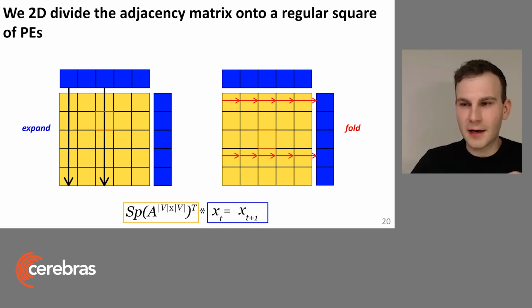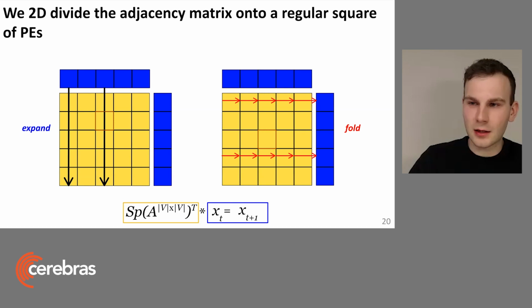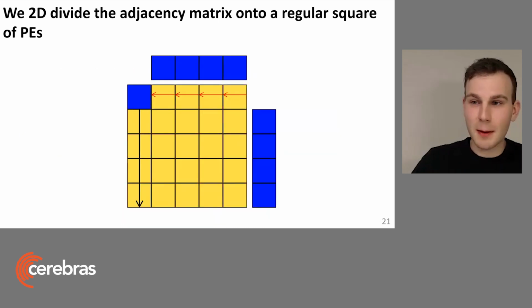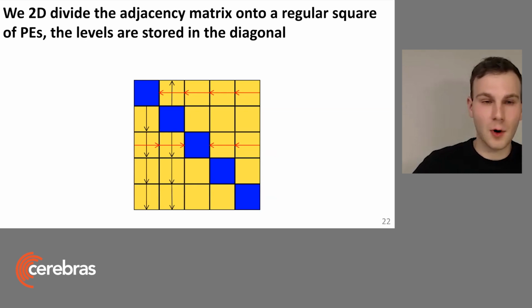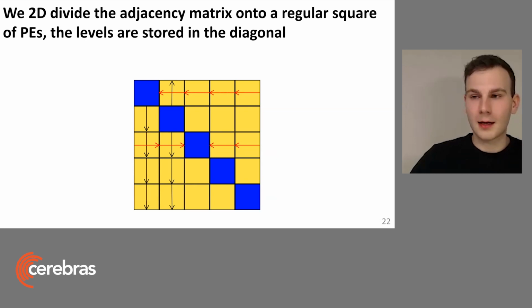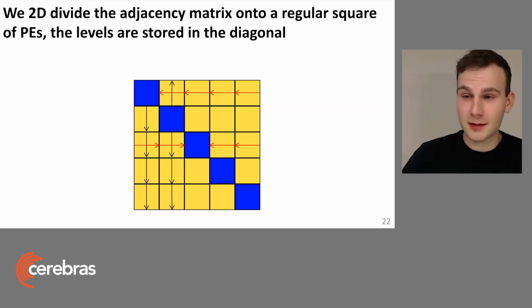So we want to find a way to store our level information more efficiently. And we do this by placing it at the intersection of the fold and expand phase. And when we do this repeatedly, we can see that the state now lives on the diagonal of the wafer. And now the goal is to implement this.